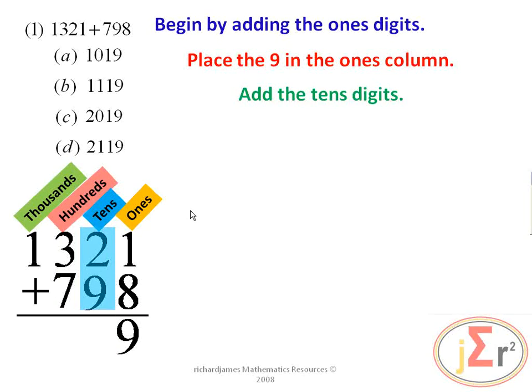What do we have there? 9 plus 2, and that will be equal to 11. What do we do? Do we put both digits under the tens digit? Do we put the 11 right here?